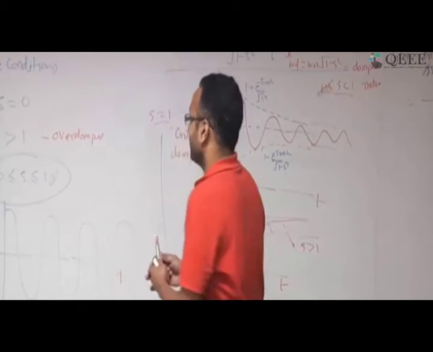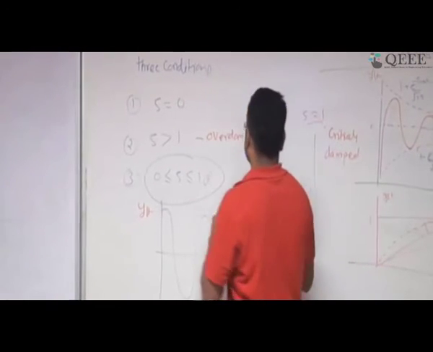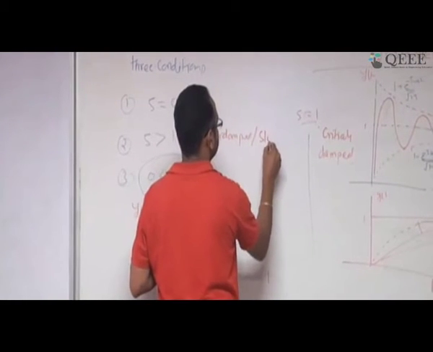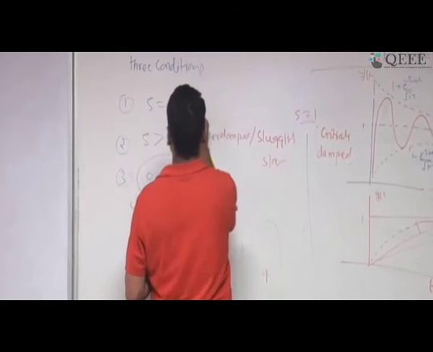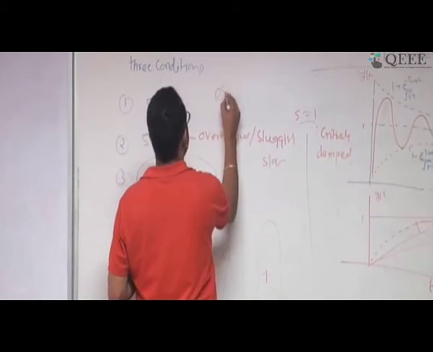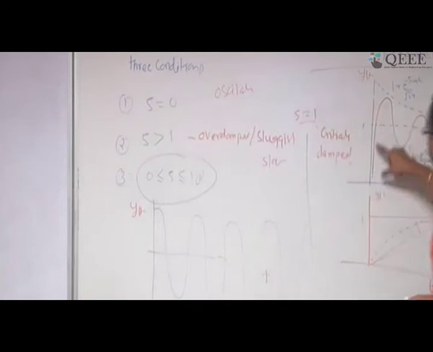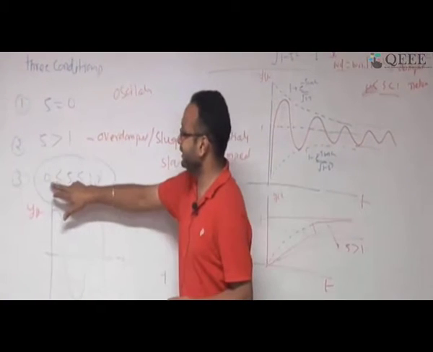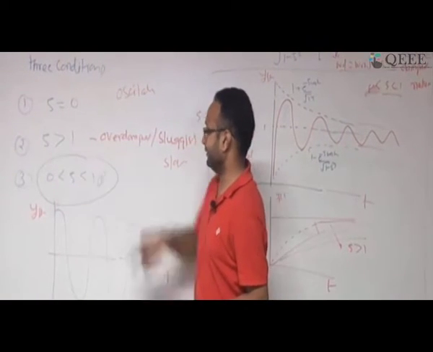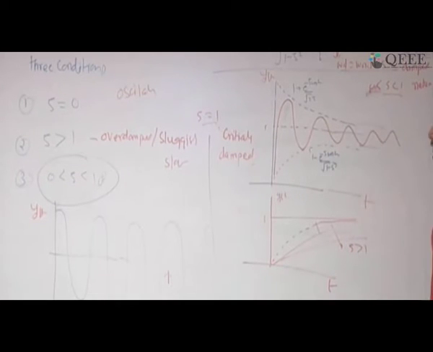I don't want zeta to be 0 or more than 1, because this will make my system sluggish or slow, and this will make my system oscillatory. So the only thing required is that the zeta of the system I am using should be between 0 and 1. Okay. So that I can get this response. This is a desirable scenario.